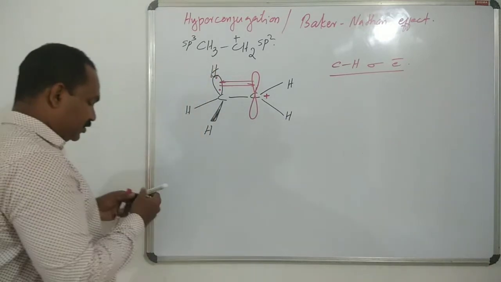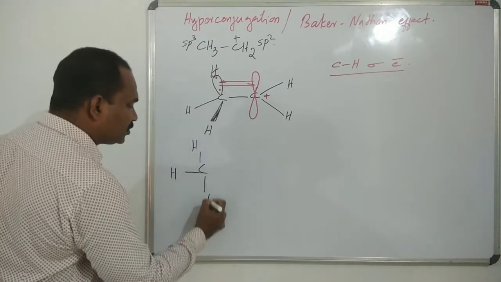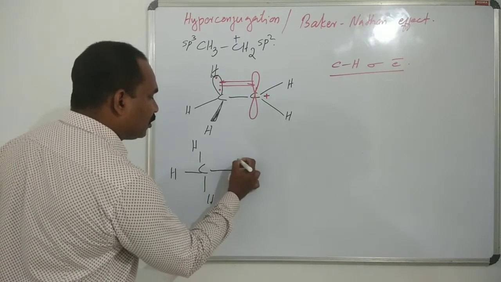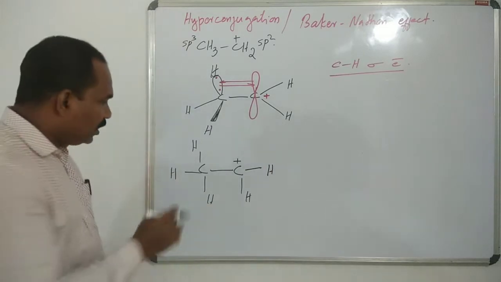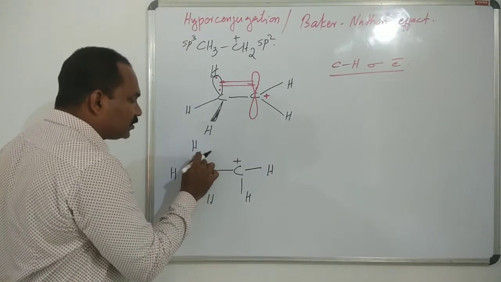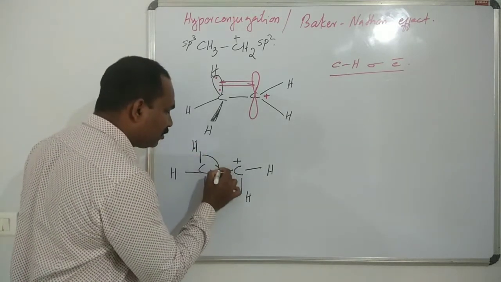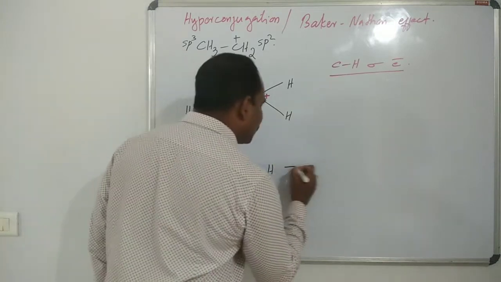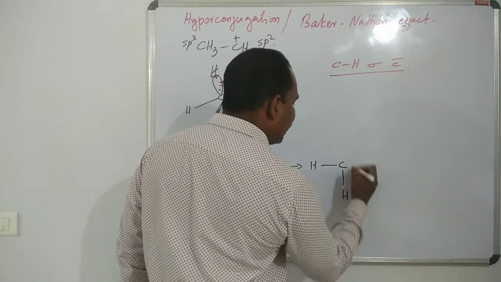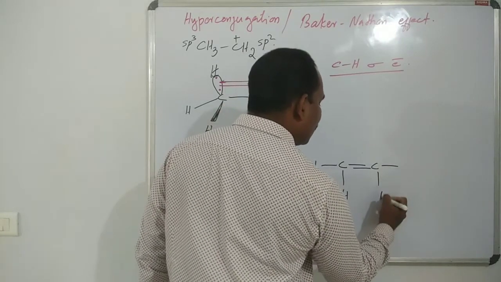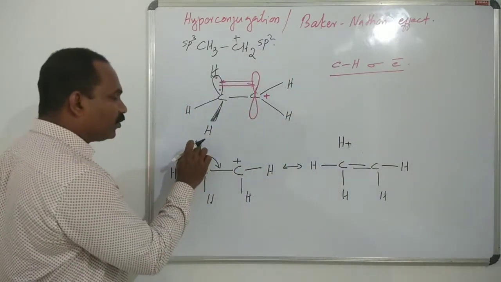Let's take this carbon atom: CH3, single bond, C plus, and two hydrogen atoms. First of all, this CH sigma electron undergoes delocalization, and we get the structure H2C double bond CH2, and that hydrogen has a positive charge.